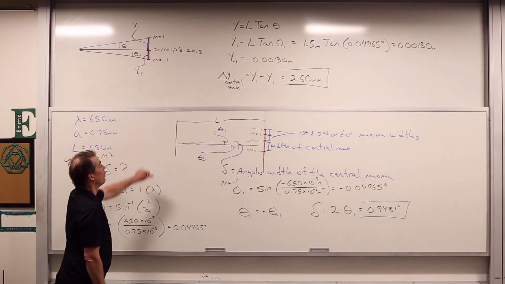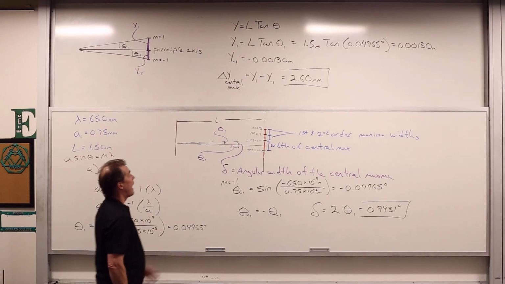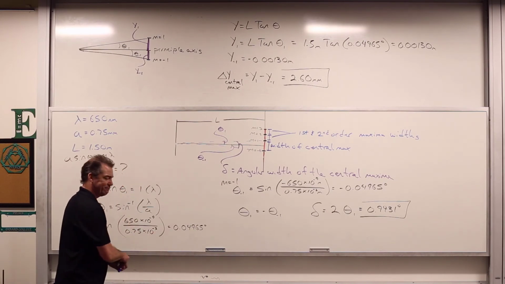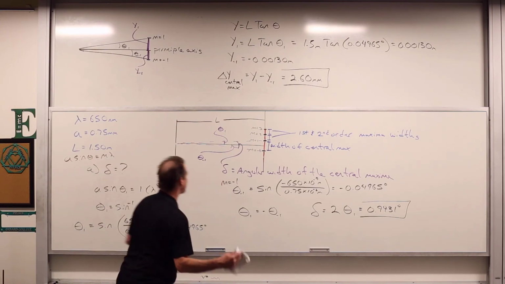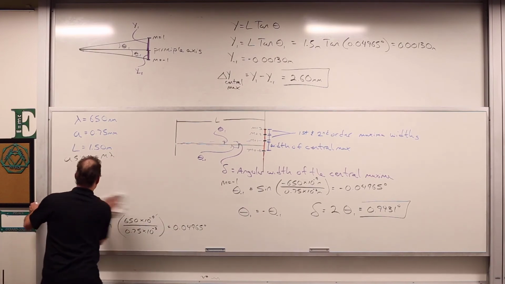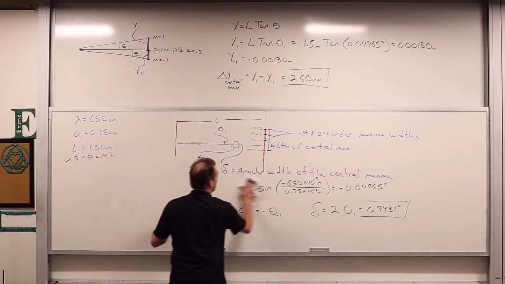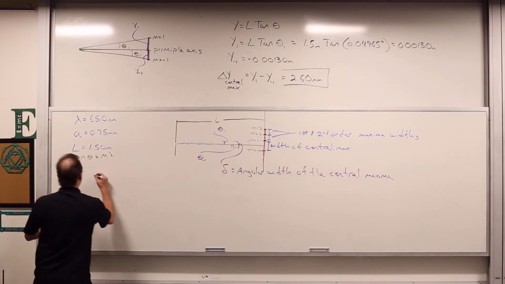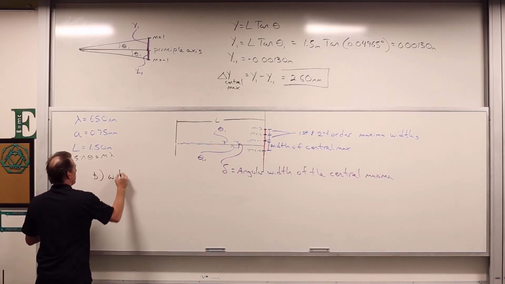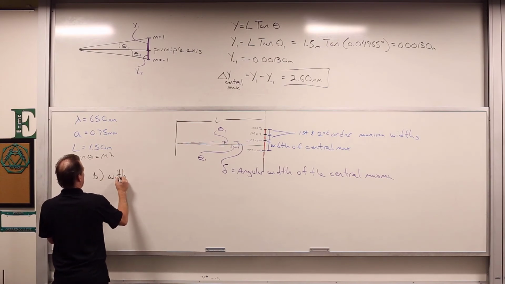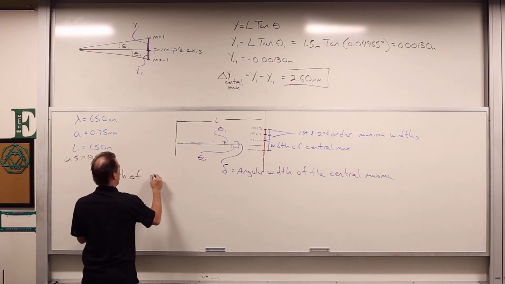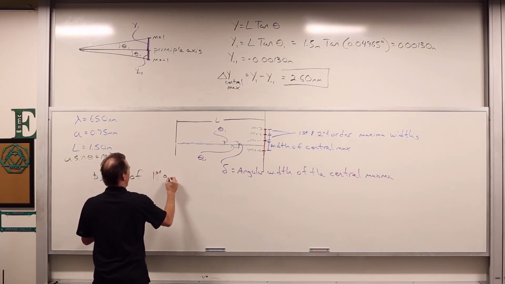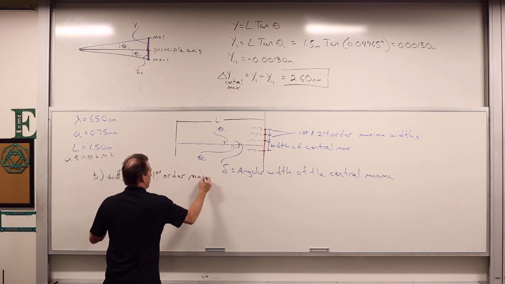So let us look at the linear width of the first order and the second order maxima, and then that's pretty much that. If you can do all that stuff, you are golden. I'll do width of first order max.